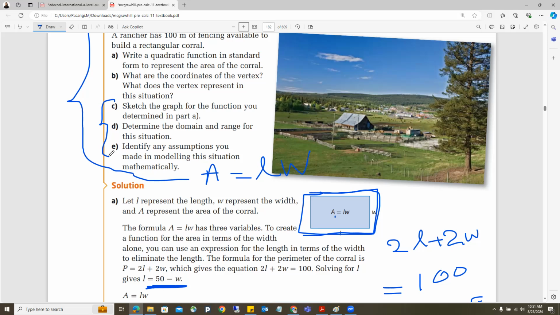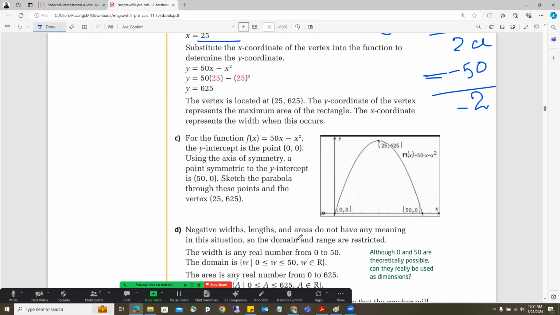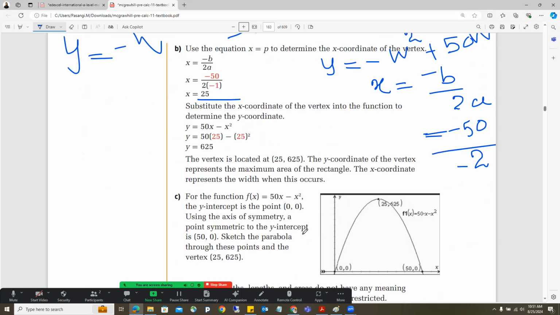I have to draw the 50W minus W squared. So the equation is y equals... Generally we had the equation A equals 50W minus W squared.